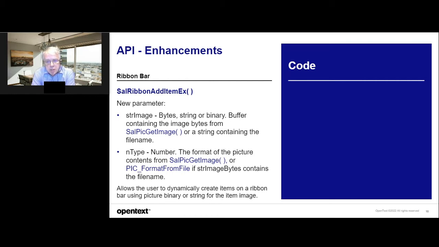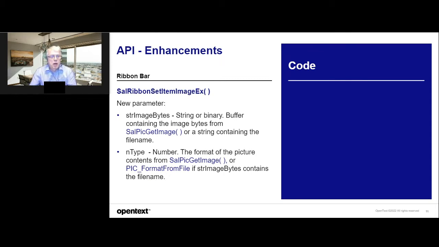I mentioned last time we have different formats like a format for object, PNG, and so on. So you can give this information also to the ribbon bar by using the right format, or you can choose, for example, a format from file if the first parameter, the string image, contains a file name.